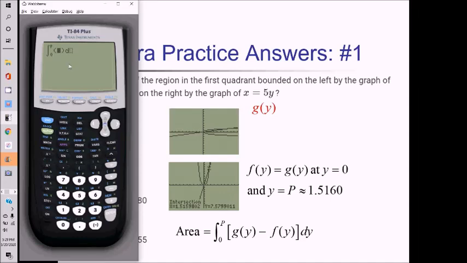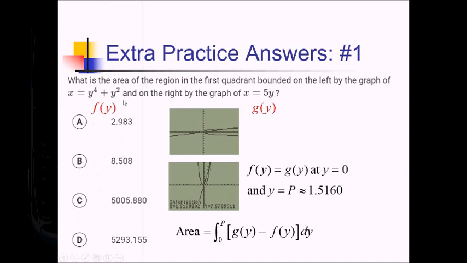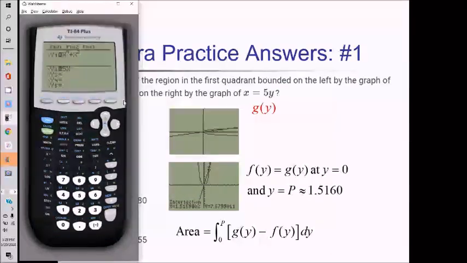So for g of y, I'm going to use my y2, because if you look back here, that's where I entered it, kind of like g of x right here. But I'm going to use this anyway, even though it has an x in it, to stand in for g of y. I'm going to use y1, even though it has x's, to stand in for this f of y. And it's actually going to work out in the end.